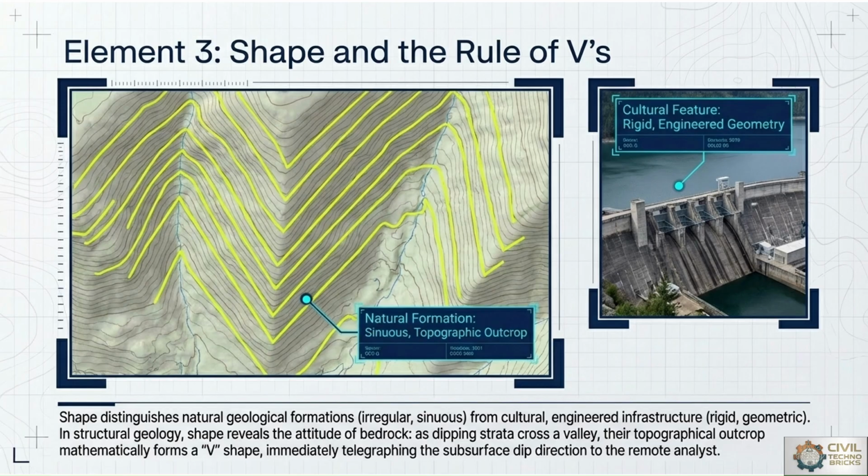It may be rigid or geometric construction projects. In structural geology, shape reveals the attitude of bedrock. As dipping strata cross a valley, their topographical outcrop mathematically forms a shape of a V, immediately telegraphing the subsurface dip, indirect or direct, to the remote analyst.